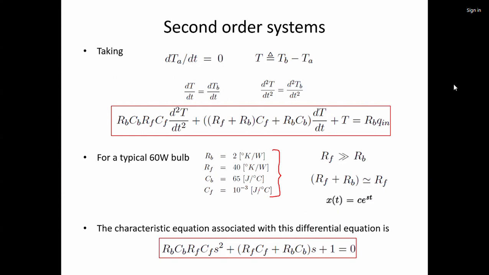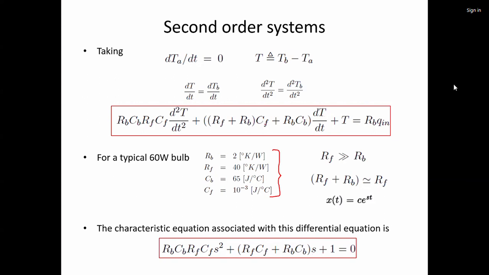You say that since this is a second order system, the solution is of the form x(t) is C e to the power st. So d square x over dt square is basically s square e to the power st. So you get s square here, and s in the first order term, plus 1 equal to 0.